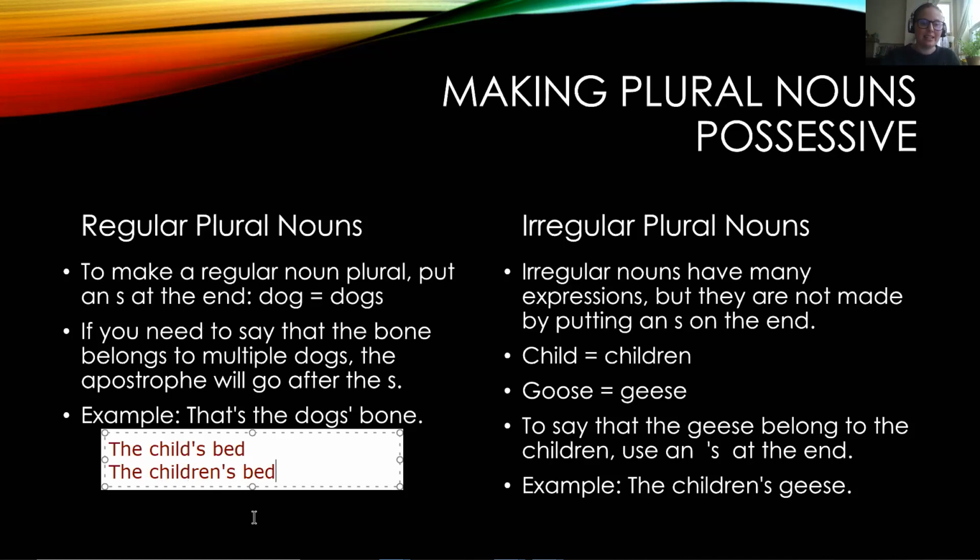Whew. And then you'll want to be careful here, because if we leave bed singular, it would imply that all of these children own and share one bed. Whereas if we put an S at the end of beds, suddenly all of these children between them have multiple beds, hopefully enough beds.